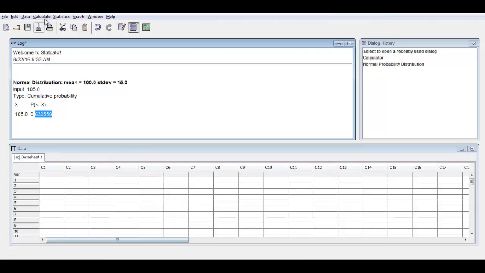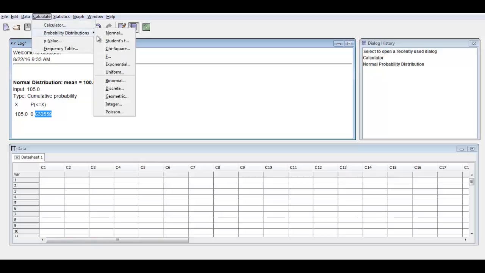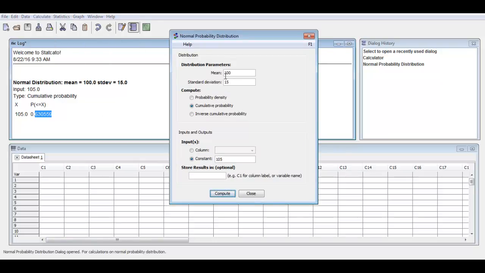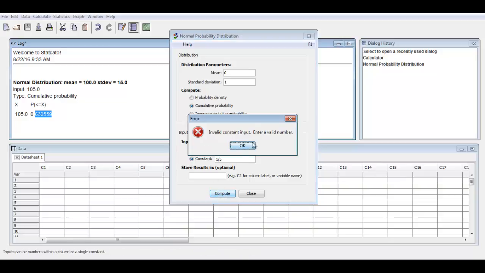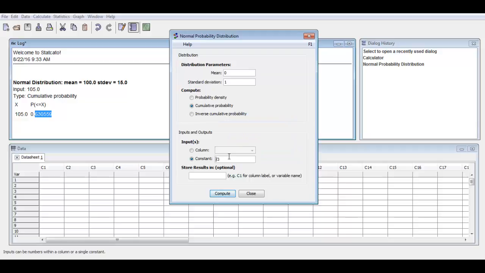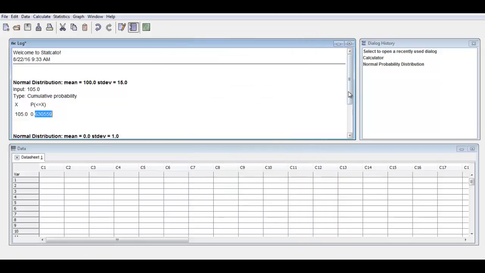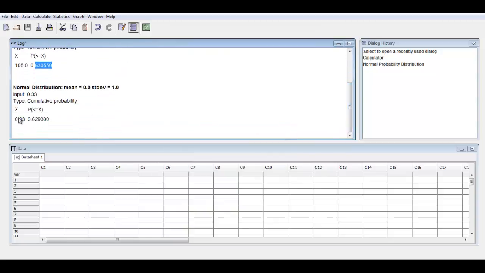If we were doing this in Statcato, we would be going to Probability Distributions, Normal, our standard normal curve, because we would be using z-scores, so 0 and 1. We'd be using cumulative probability, and let's see if I can put 1/3 in here. Nope, I need to put 0.33. And compute, and it will tell me my probability of being below 0.33 is 0.692300.